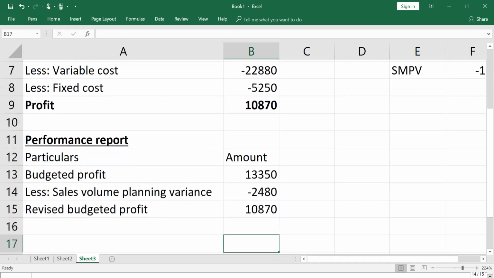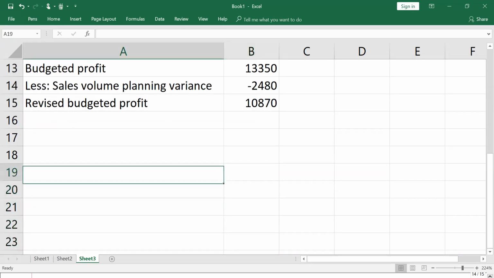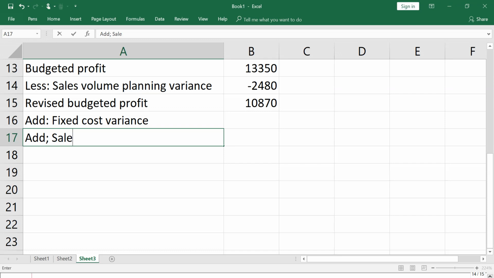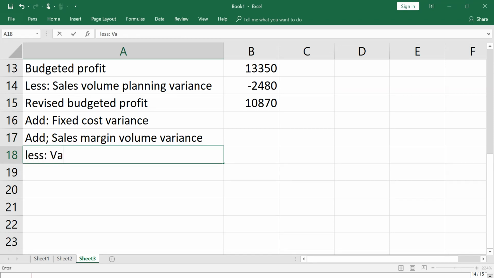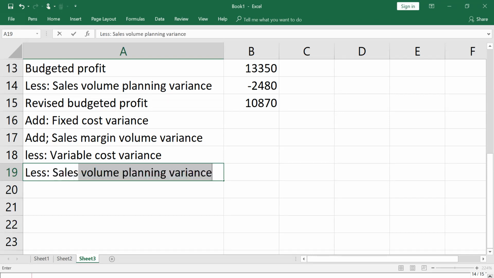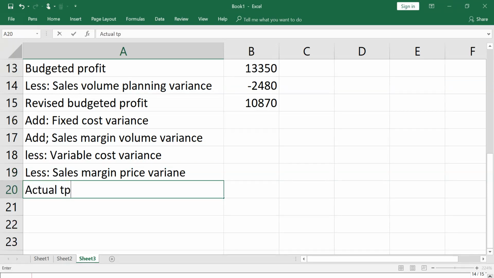Then add fixed cost variance, add sales margin volume variance, less variable cost variance, less sales margin price variance, and you will get the actual profit as given in the question. Please do it.